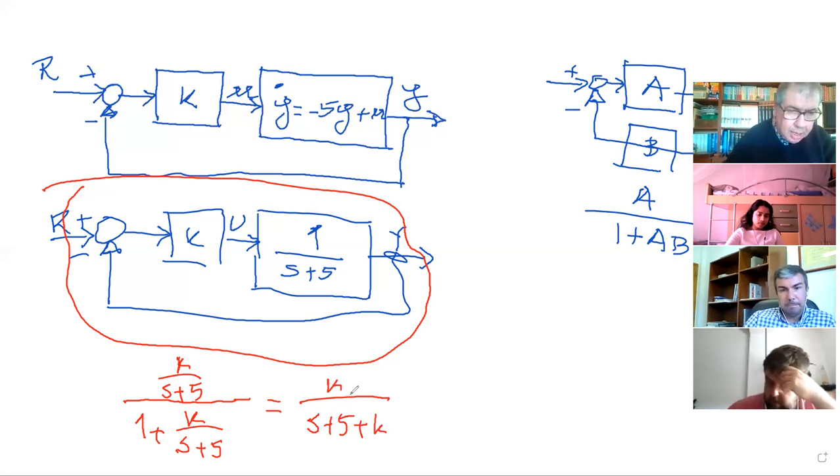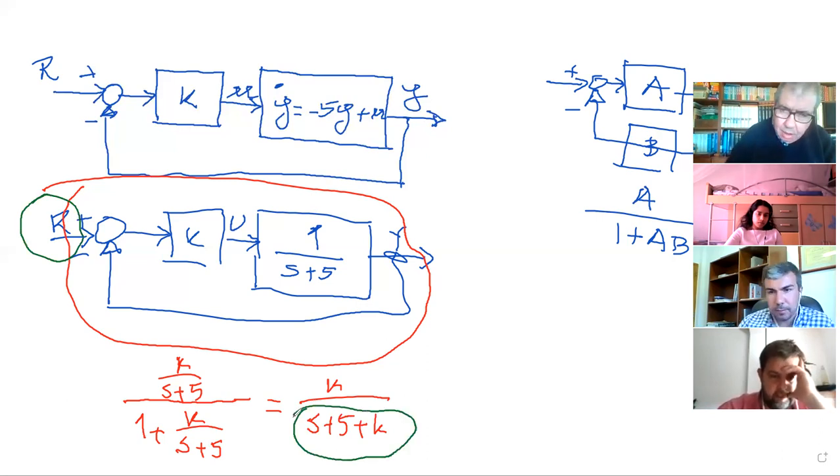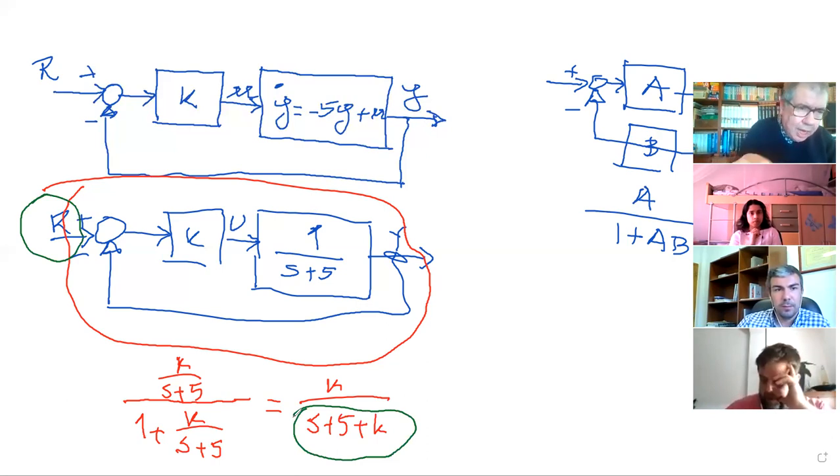So it's the denominator that counts. Now we have this extra signal here. It's the denominator that counts for stability, because you can go on and write an equation for y in terms of r.